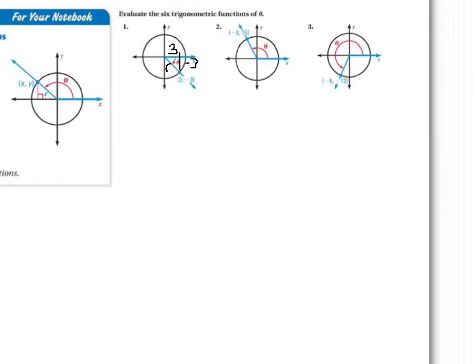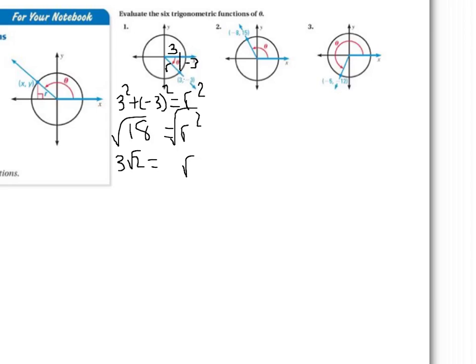So 3 squared plus negative 3 squared equals r squared. So r squared equals 18. Square root that. Radius equals 3 square root 2.